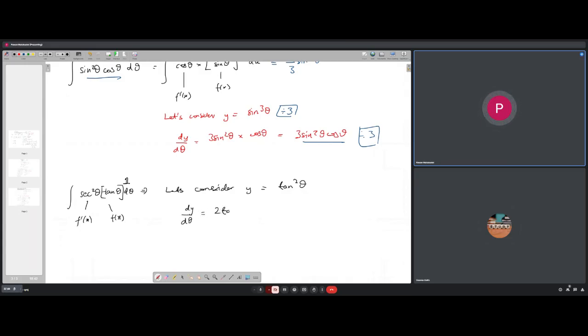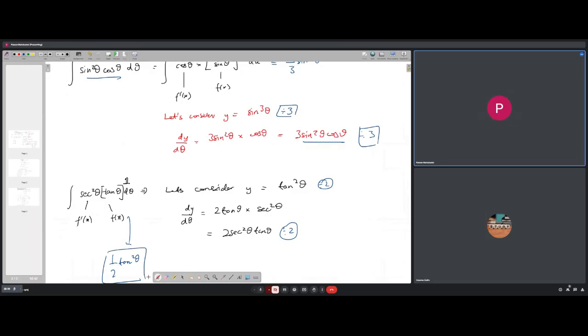You've got 2 tan theta, sorry, times the derivative of tan theta, which is sec squared theta. Does that make sense? Then you would just have to divide it by a factor of 2. So your answer here would be half tan squared theta.